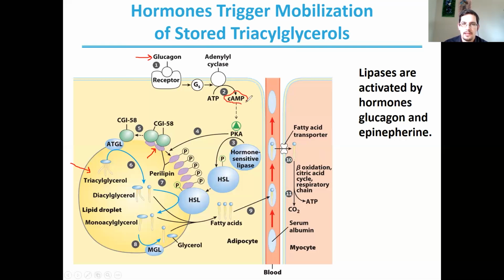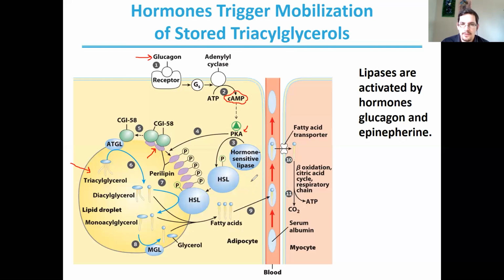So we use that cyclic AMP dependent signaling pathway, and we activate protein kinase A. We've seen this kinase before, of course, when we were regulating glycolysis and gluconeogenesis. Once we activate protein kinase A, that's going to phosphorylate a couple of different components.